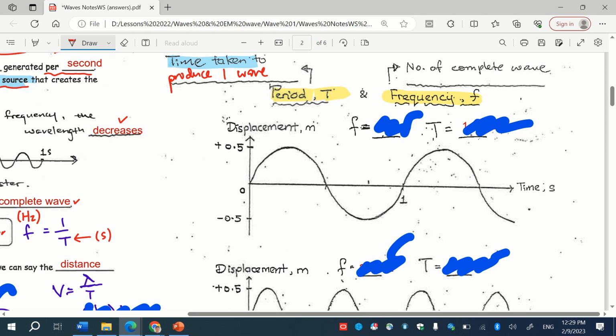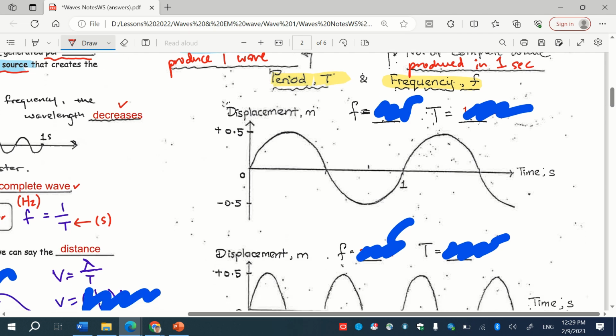Frequency is the number of complete waves produced in 1 second. Now I draw from this very simple diagram.